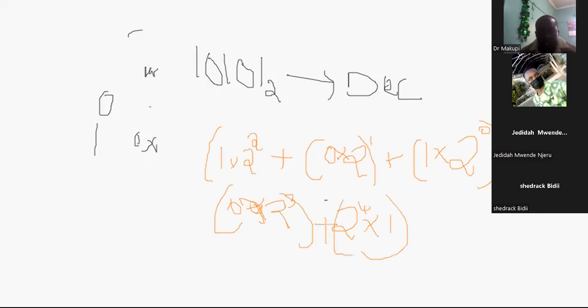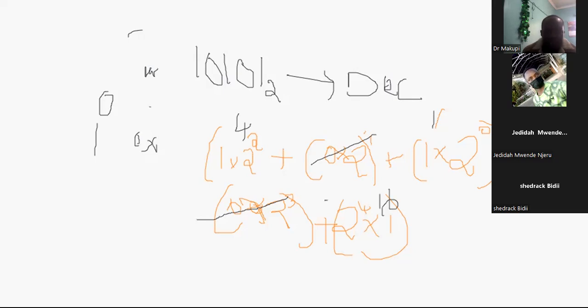So 2 raised to 0, any number raised to 0 is equal to 1. So 1 times 1 becomes 1. This one is times 0. Anything times 0 goes away. And then this one also goes away because it's multiplied by 0. So you are remaining with 2 raised to 0 times 1, which is 1. 2 raised to 2 is 4. 2 raised to 4 is 16.